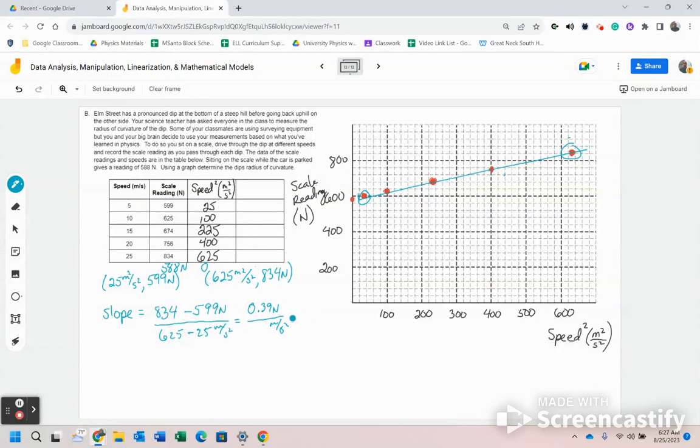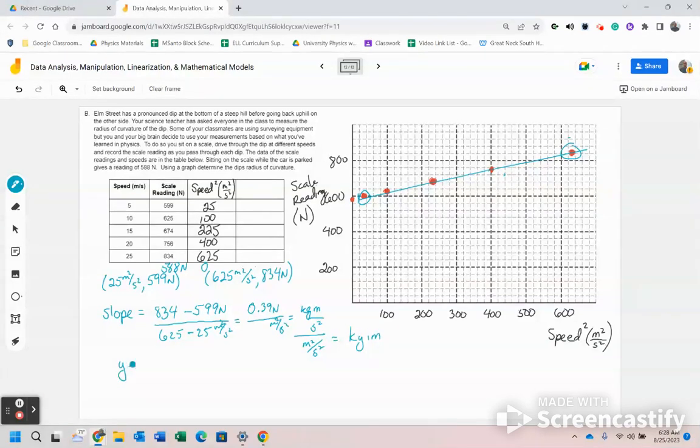Now, if we simplify the units, I apologize, there's meters over seconds squared on top, and on the bottom it should be meters squared over seconds squared. So ultimately, kilograms times meters would be our unit.